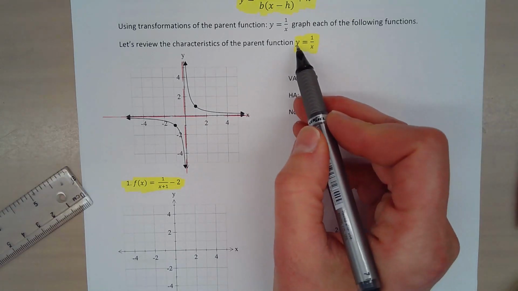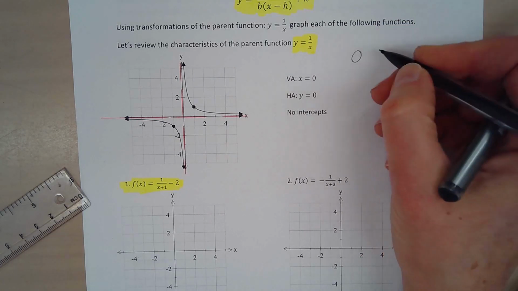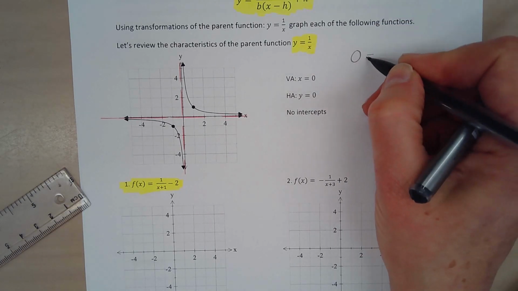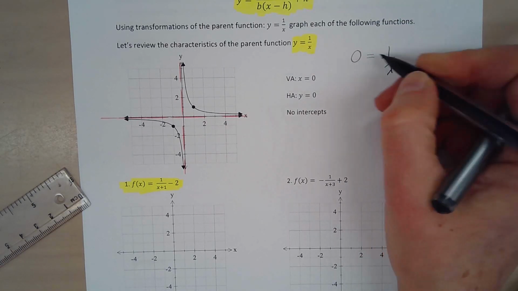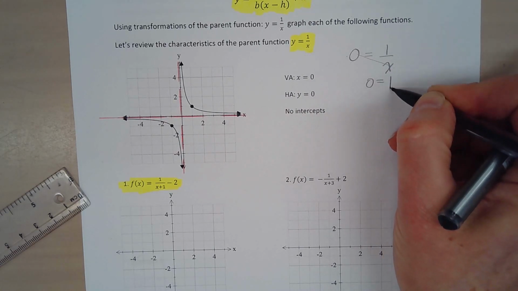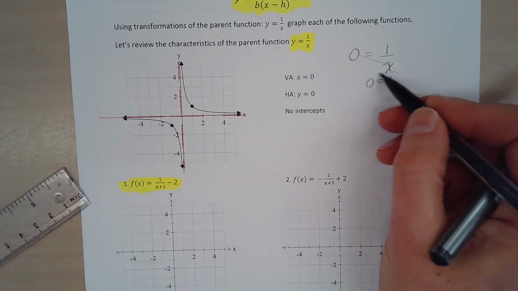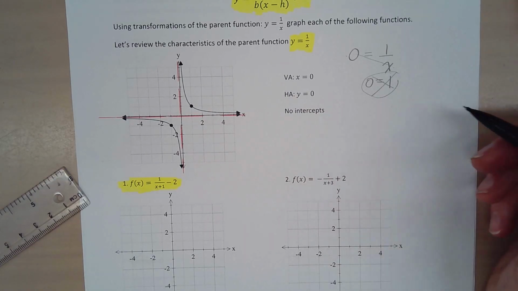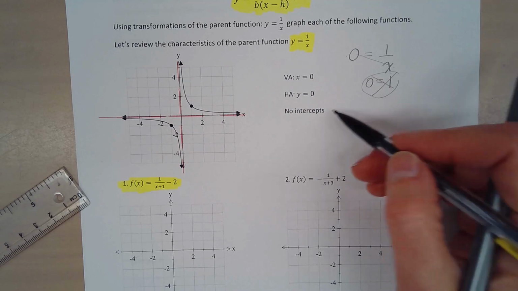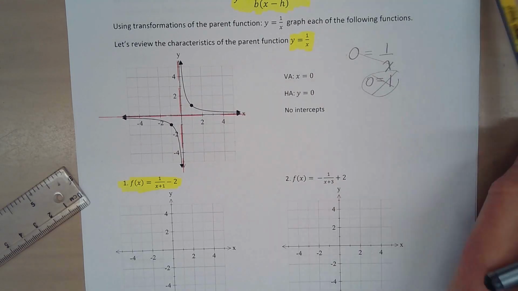If I tried to solve for an x-intercept, I put 0 in for y, 0 equals 1 over x. I cross multiply, I get 0 equals 1. When the x disappears, you get a nonsense statement, which is impossible. That means no x-intercepts, right? So we have no x, no y. This is what we look like.